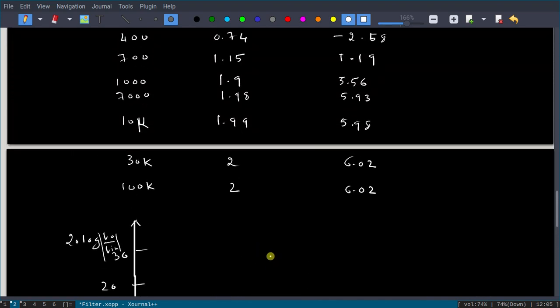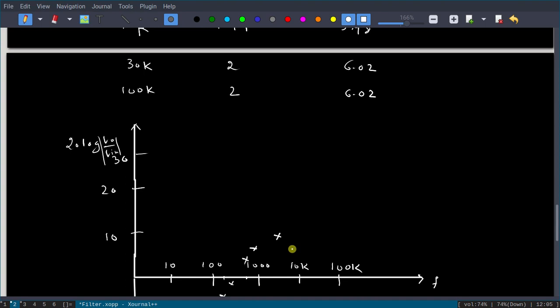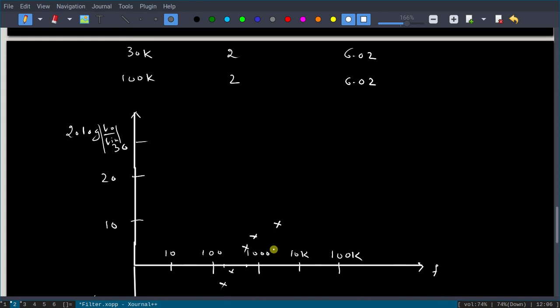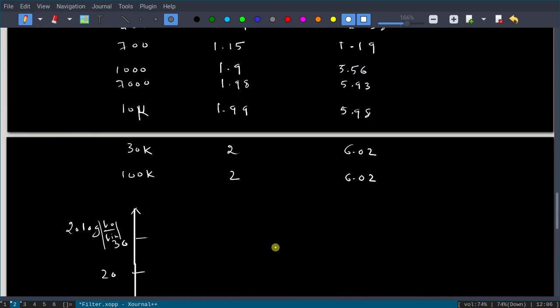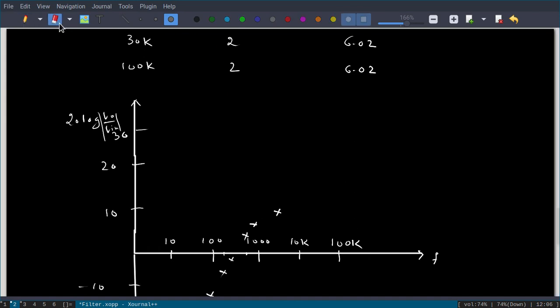At 1k 5.56, at 7k 5.93. 7 means approximately here. Then 10k 5.98. Sorry, the scale is all nearby 5 point, so it is not this much above, you will get almost nearby this only.